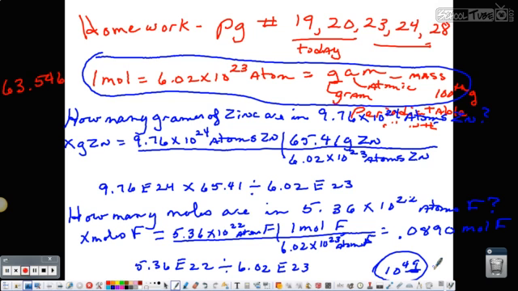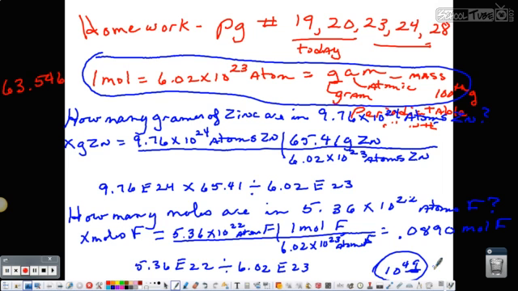So 9.76 E24 times 65.41 divided by 6.02 E23 equals, wow, I got the wrong number. I'm hitting the wrong button.